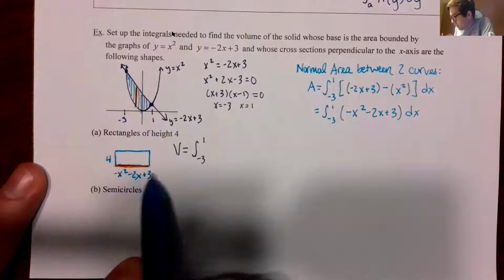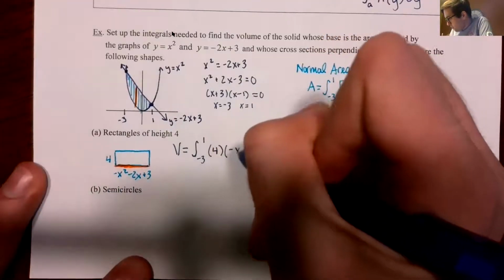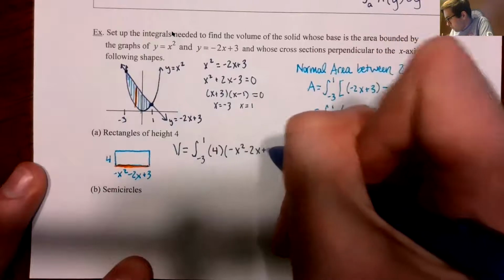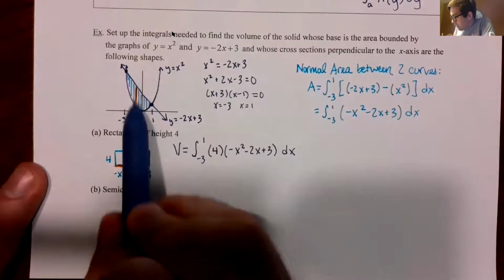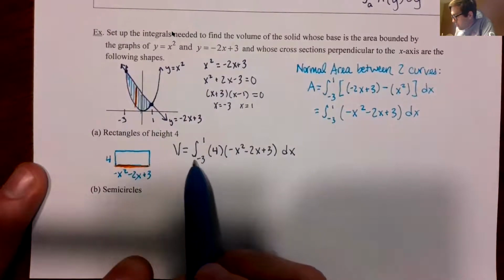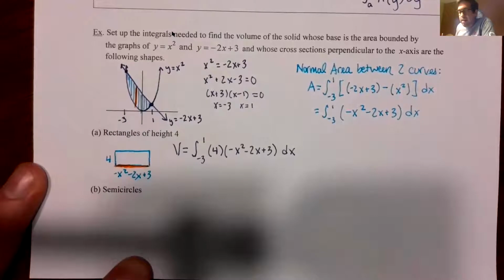It's the height times the base. So that's going to give us the area of each rectangle. And when we put it into the integral, it populates the entire shape and tells us the volume of the overall 3D shape.